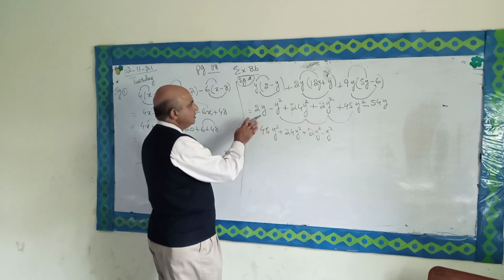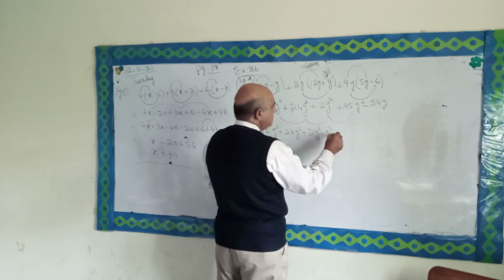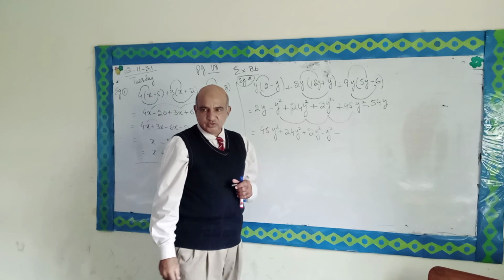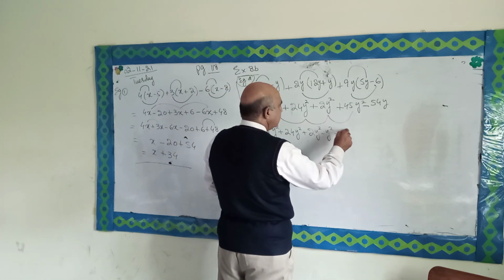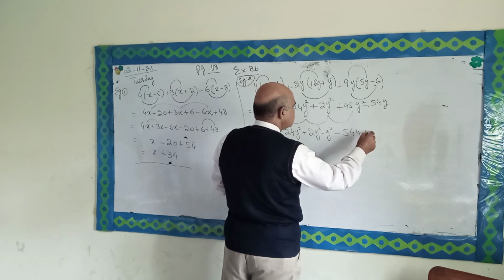Now we'll write the numbers without power. There is only power 1, so we'll write here 54 minus 54y plus 2y.